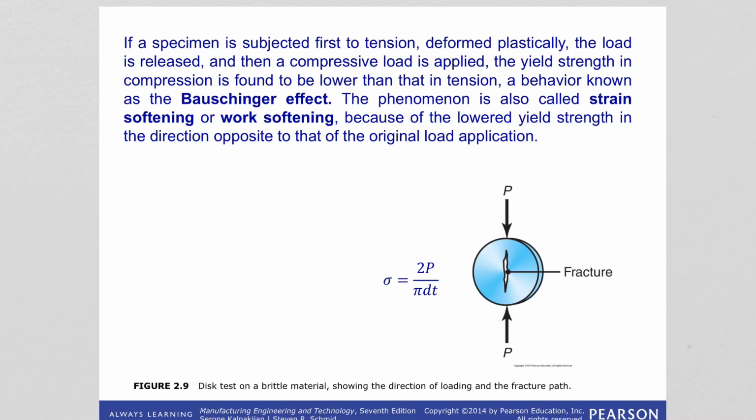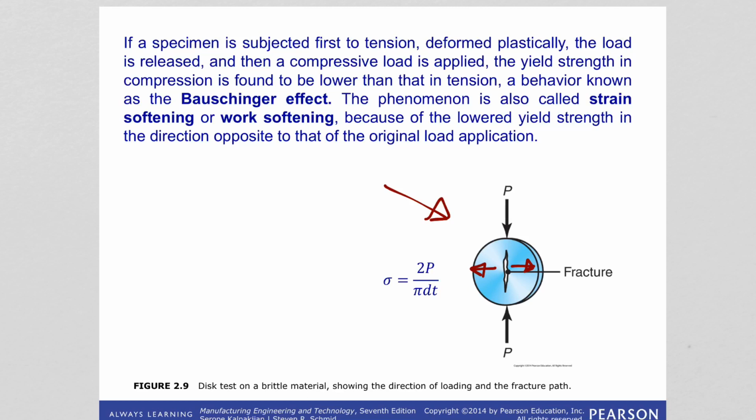And for brittle materials such as ceramics and glasses, usually the disc test is used. In this disc test, the material is subjected to compressive forces, and the specimen is loaded as shown in the image. When it's loaded like that, tensile stresses are developed that are perpendicular to the vertical center line along the disc.